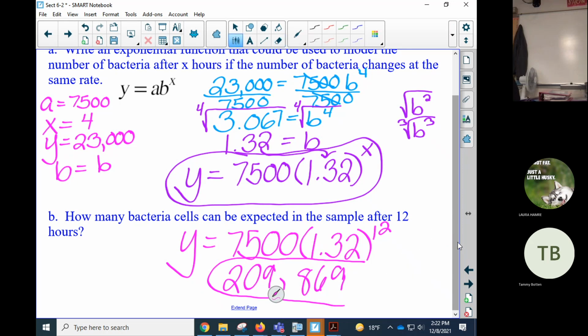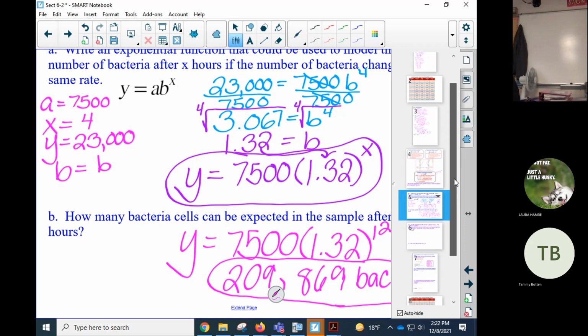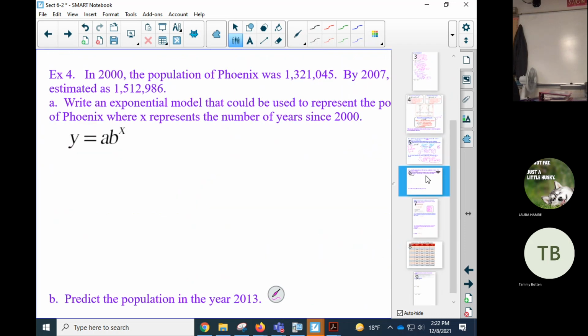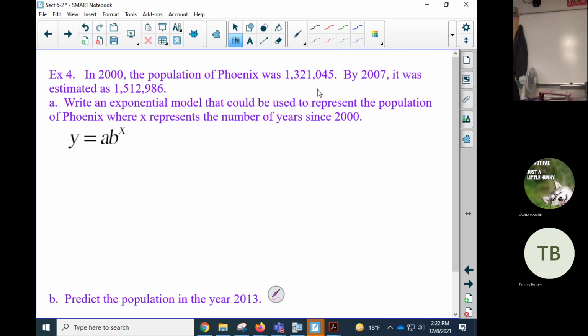All right. So now if we look at the next page. This is another one that's like that, where they give us the beginning population. So A is 1,321,045.